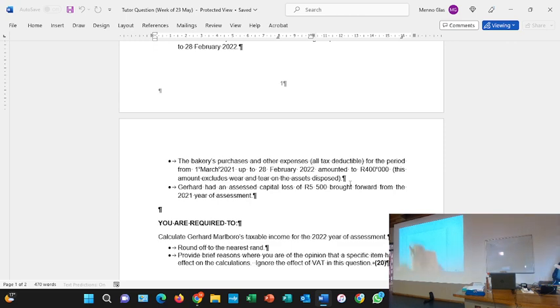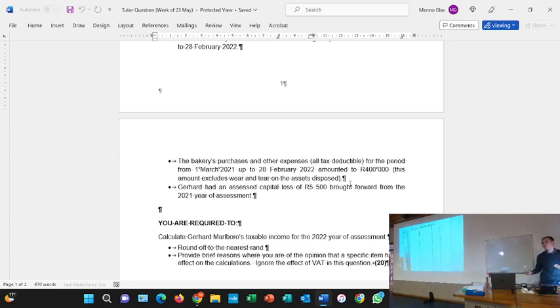Okay. Can everyone see there? Okay, this is the same format you will follow in an exam question or in a test.